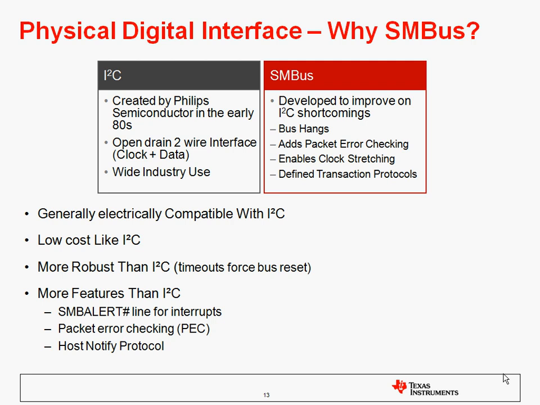So if any errant device is hanging up the bus, you can time out and release it, and then you can continue to communicate without having to reset the entire system. The other thing that it adds is packet error checking, so that you can check to make sure that what you wrote is actually what was received by the device.